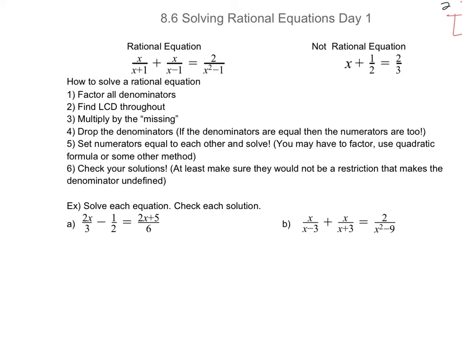Just like I said, if the denominators are equal, then the numerators are too. And then you have just a good old-fashioned equation. Set the numerators equal to each other and solve. You may have to factor if it gets crazy, or use the quadratic formula or some other method. Check your solutions. Make sure they would not be a restriction that makes the denominator undefined.